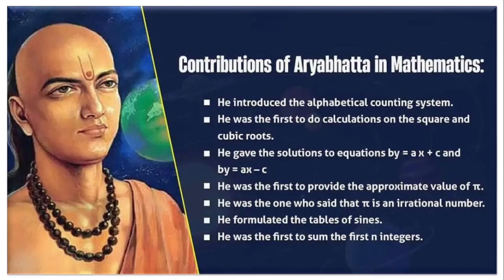Although he did not prove that pi is an irrational number, he conjectured that it could be, and he had a fair idea about this fact. Afterward, in the 18th century, it was proved that pi is an irrational number by a European mathematician.